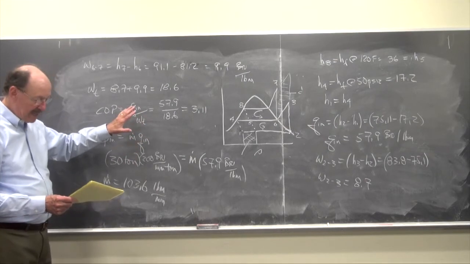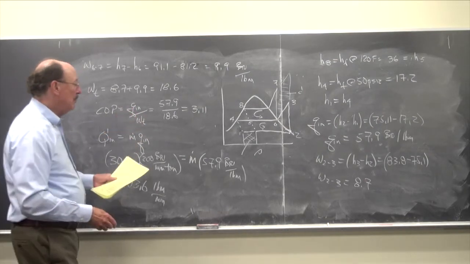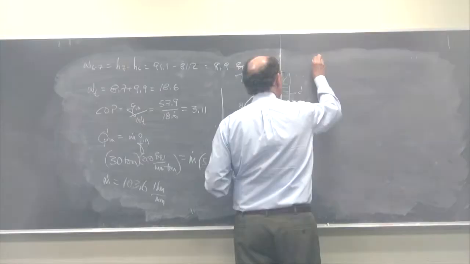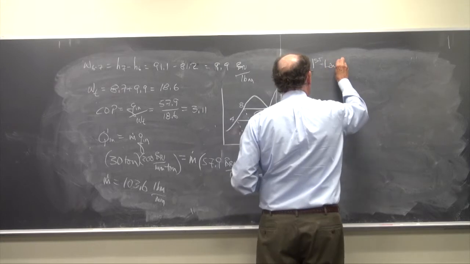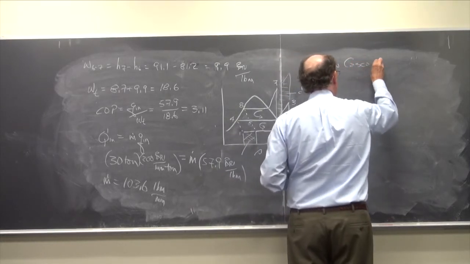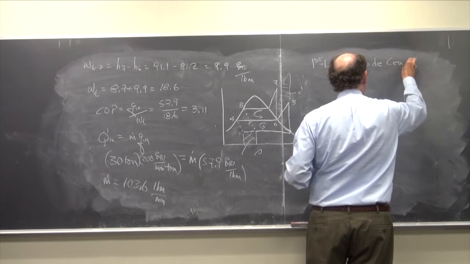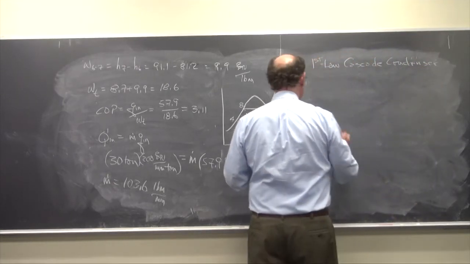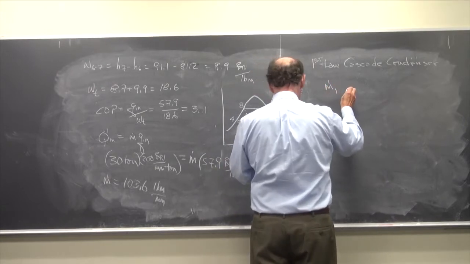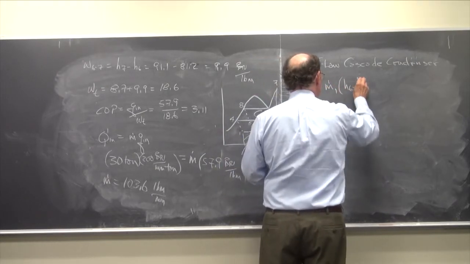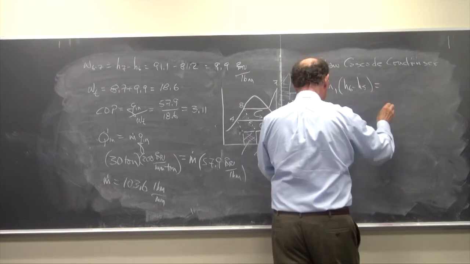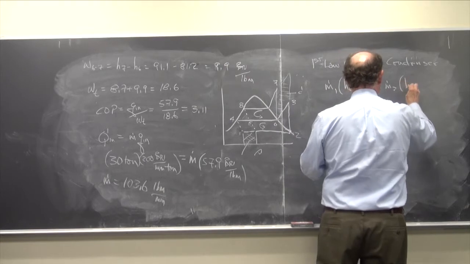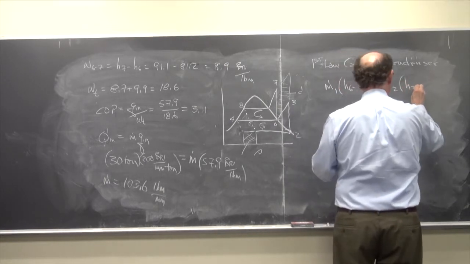So now I can find the mass flow rate in the upper unit by doing a first law analysis on the Cascade condenser. So if I do the first law on the Cascade condenser, it's m dot 1 times H6 minus H5 is equal to m dot 2 times H3 minus H4.